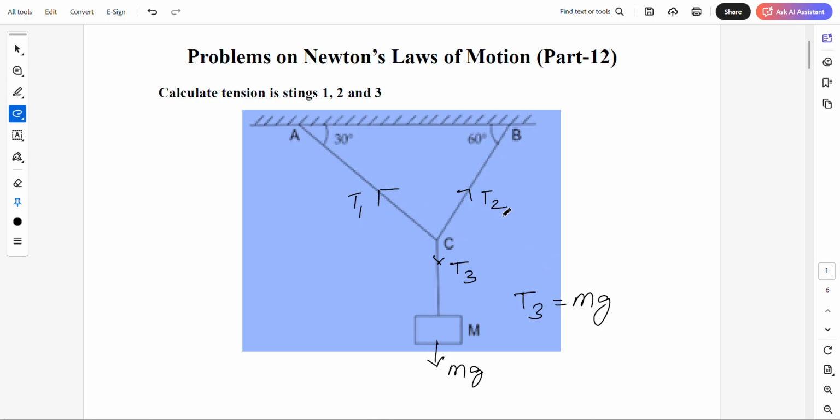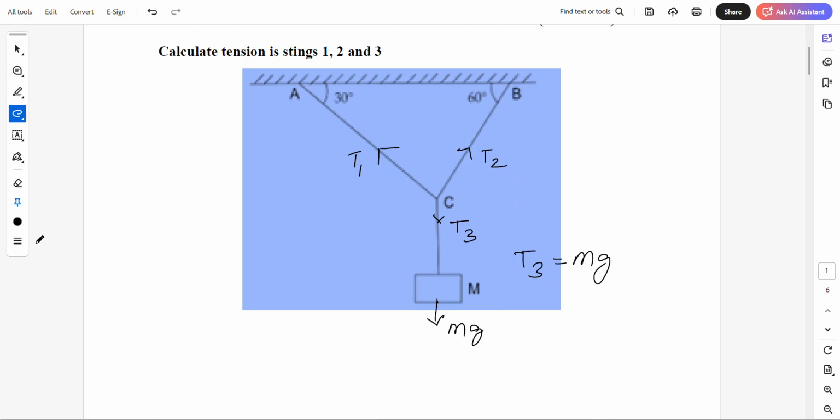Now how to find T1 and T2? Let us use Lami's theorem. What is Lami's theorem?